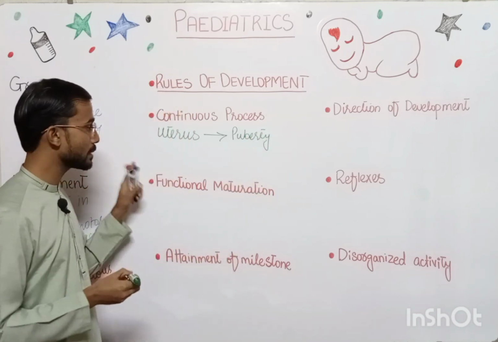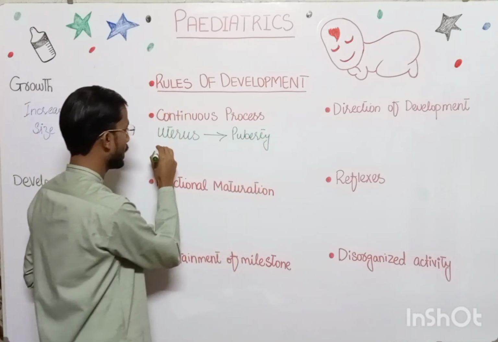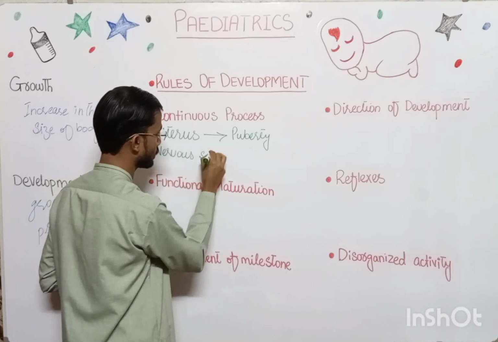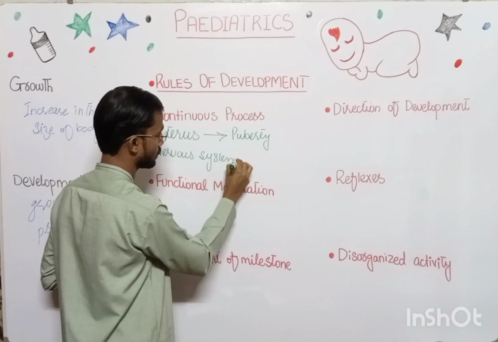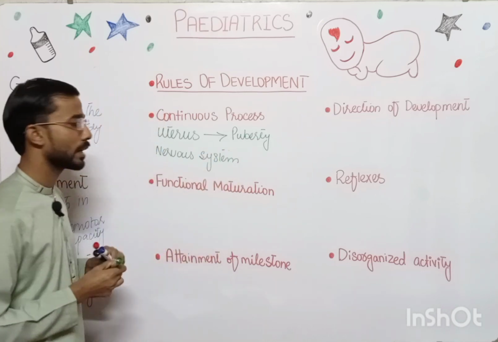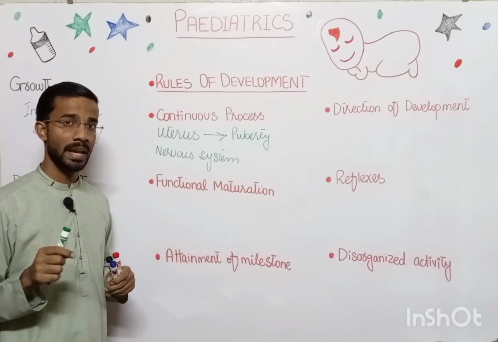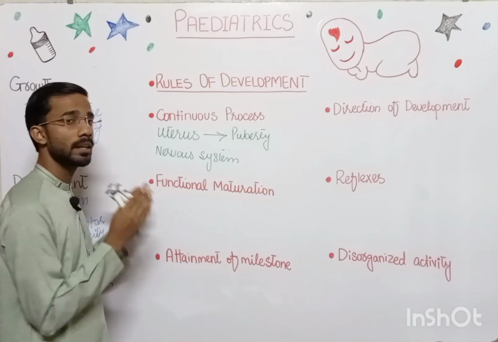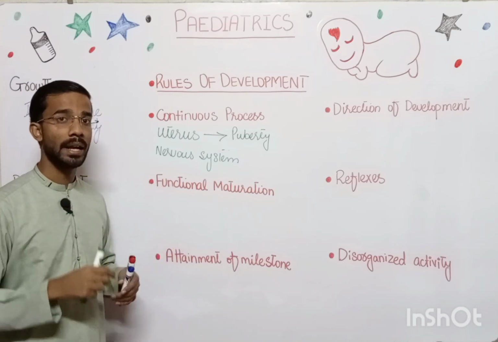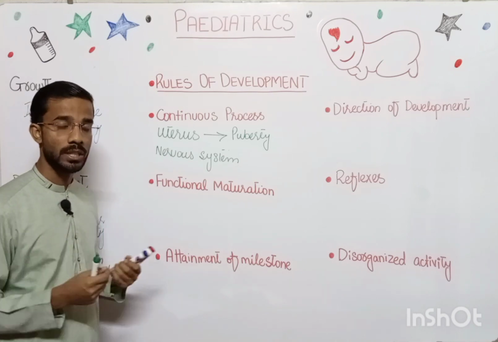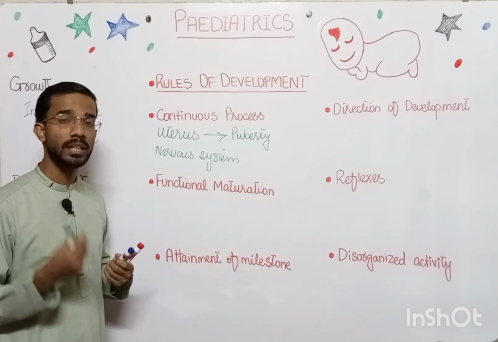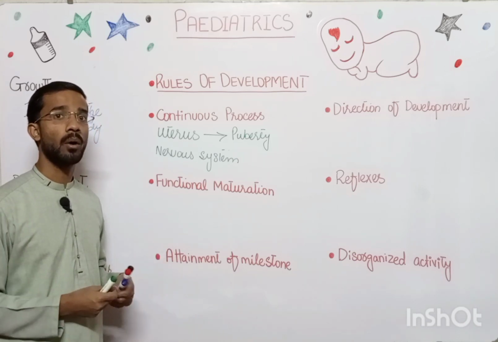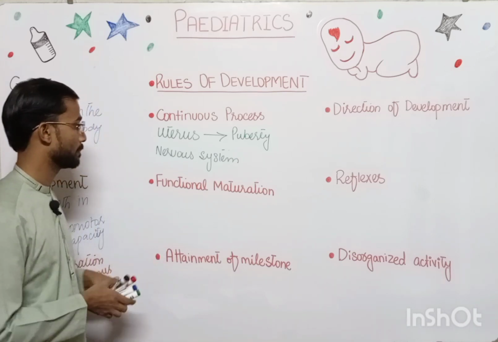And during this process, the nervous system continuously matures, and in that period a child learns a lot of things, and he or she starts thinking about the environment and about different things.